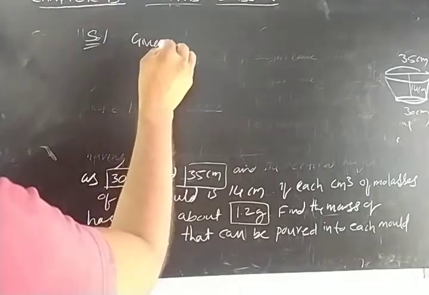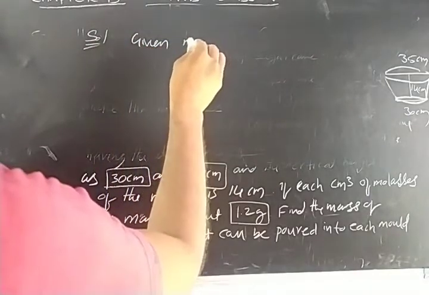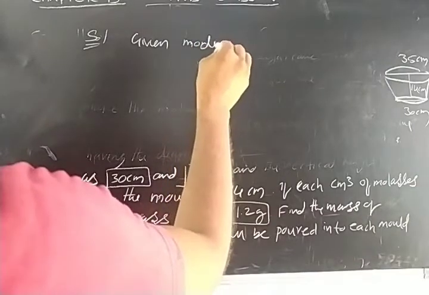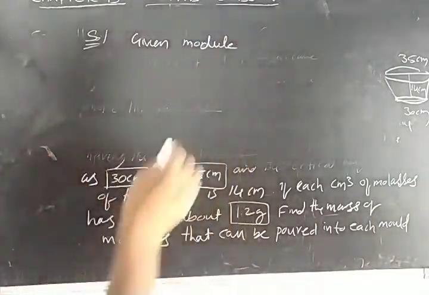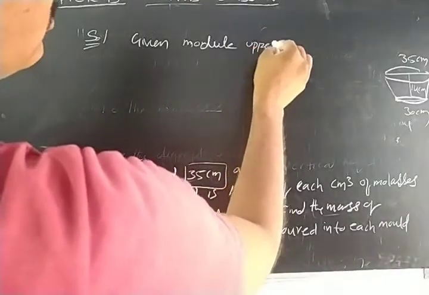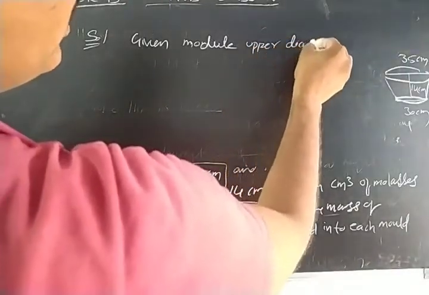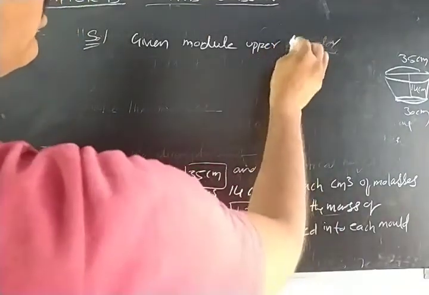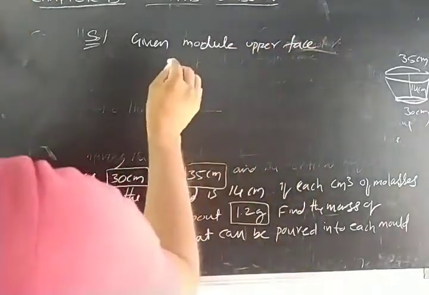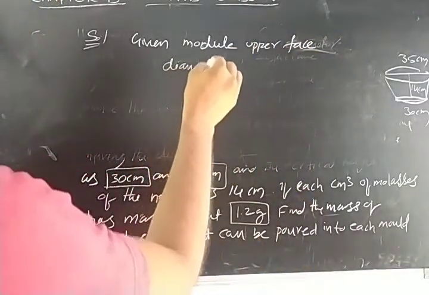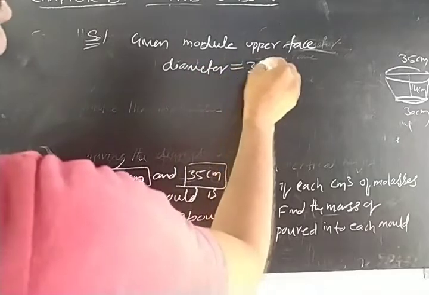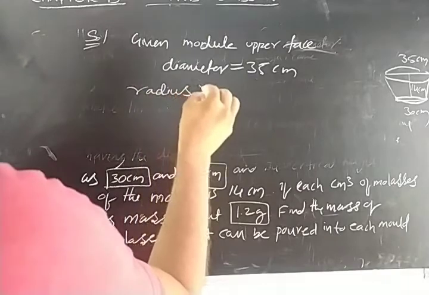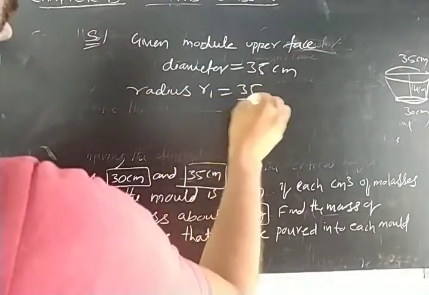Given: the mold's upper face diameter is 35 centimeters, so I am taking the upper face radius r1 as 35 by 2 centimeters.